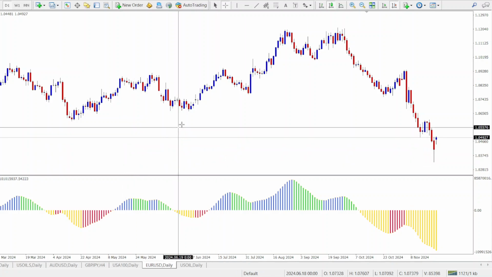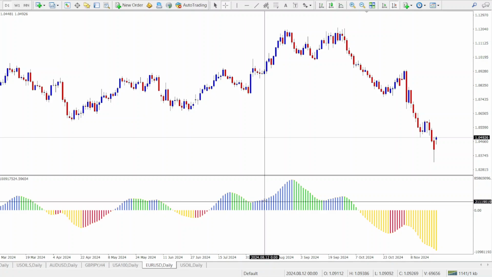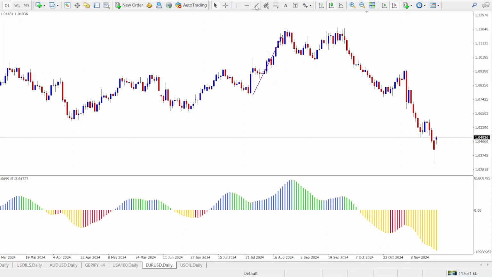As you will notice, whenever we have the blue histogram bars forming, during that period we have increasing momentum, increasing buying momentum. Then when the green bars begin to form, the buying pressure loses steam. When the green bars begin to form, the buying pressure loses steam.